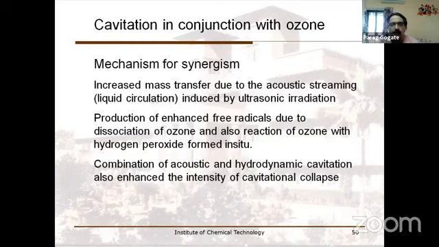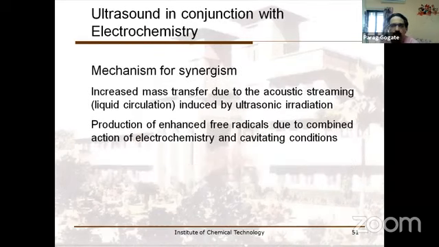So that is a significant advantage. You will have production of enhanced free radicals due to dissociation of ozone, also with reaction of ozone with hydrogen peroxide that is formed in situ. So definitely that's going to be useful. You will have combination of acoustic and hydrodynamic cavitation, which also gives you enhanced intensity of cavitational collapse. So definitely that's an advantage.